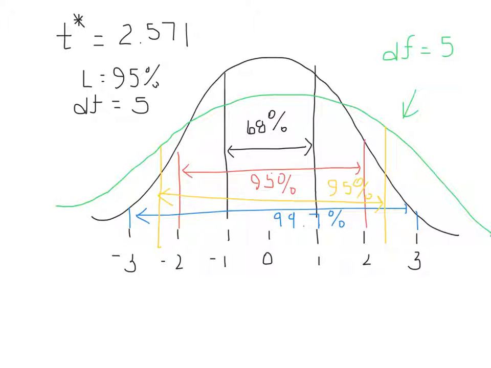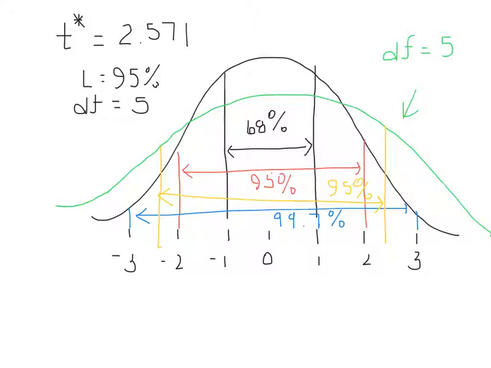And again, I have to go further out in both directions, 2.571 below and 2.571 above, because of the fact that this t-distribution is so flat in the middle and so fat in the tails. So I've got to contain the middle 95%, which means I have to go out a greater number of standard deviations.